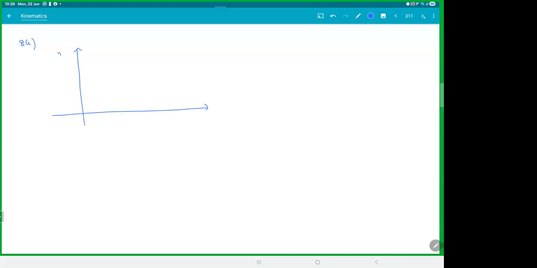So let's say one more. Let's say it's a graph between x and 1 by v. This is 2. This is 8. This is 3. This is 15. This is not passing through the origin.